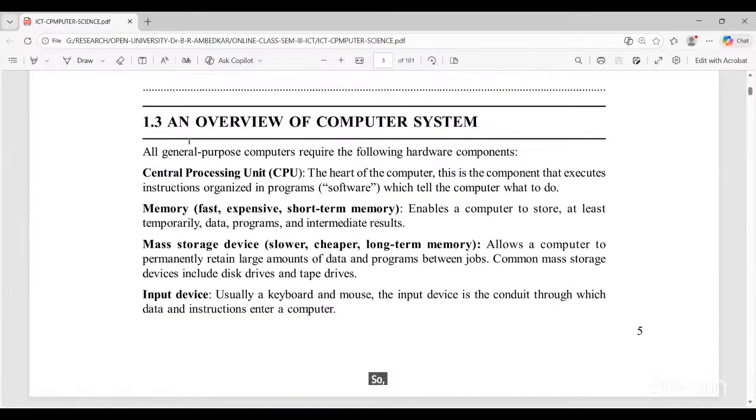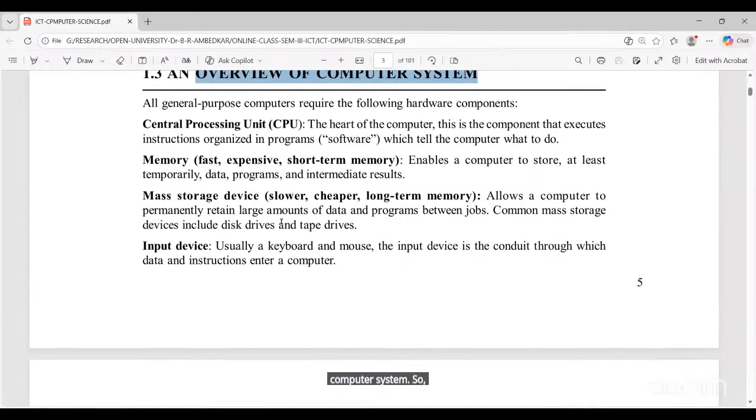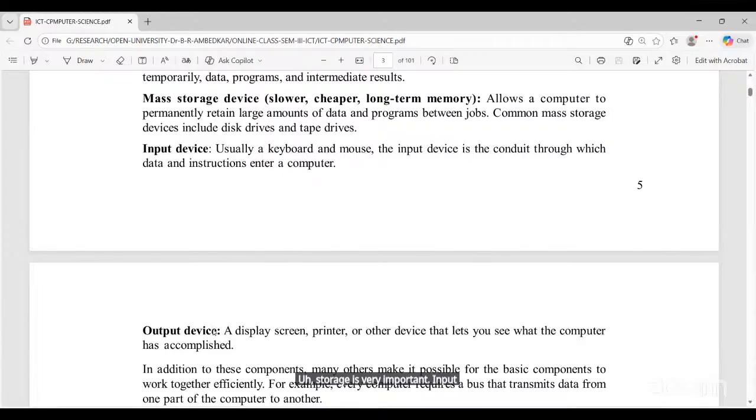So these concepts come under the computer system. Computers contain so many parts, but these parts are very important. CPU is very important, memory is very important, storage is very important, input device and output device are very important.